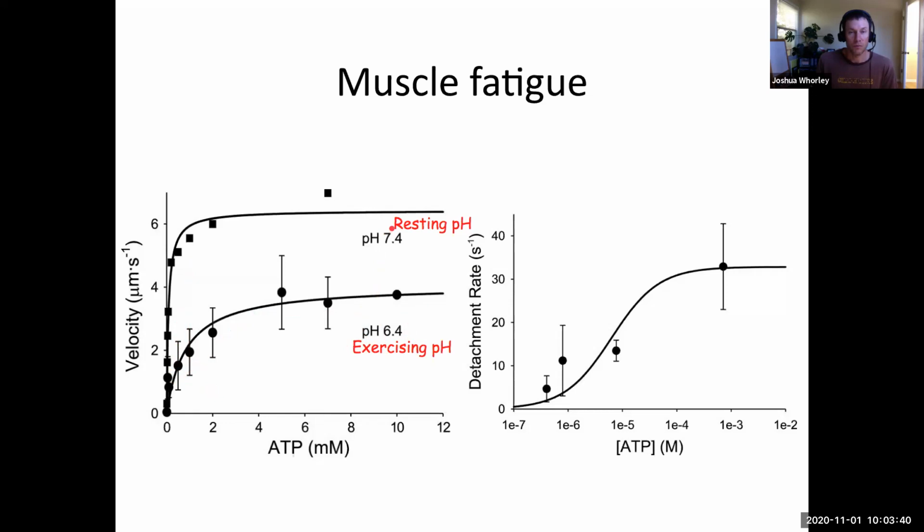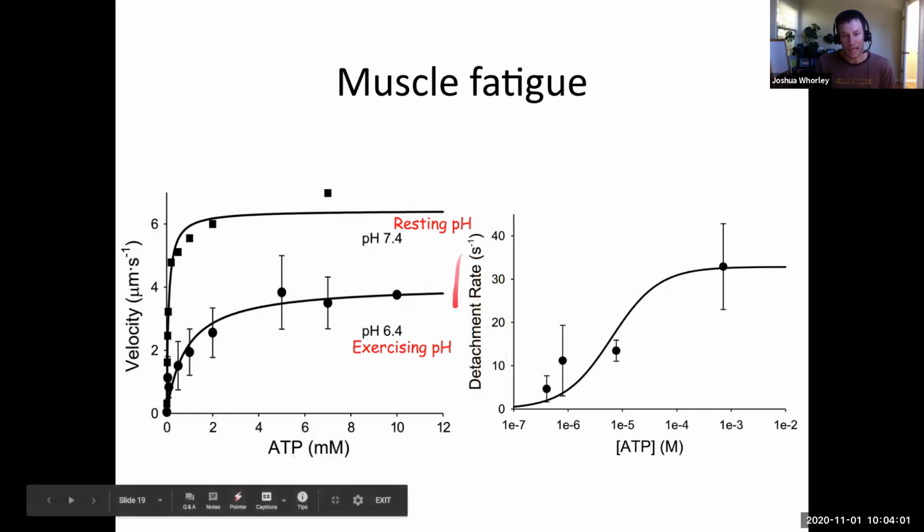So the rate of muscle contraction, the speed of muscle contraction, is depressed by this exercising pH, for those reasons we just discussed: the calcium binding efficiency and specifically the detachment rate.